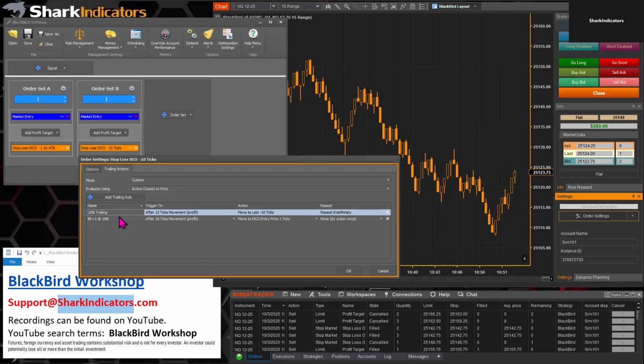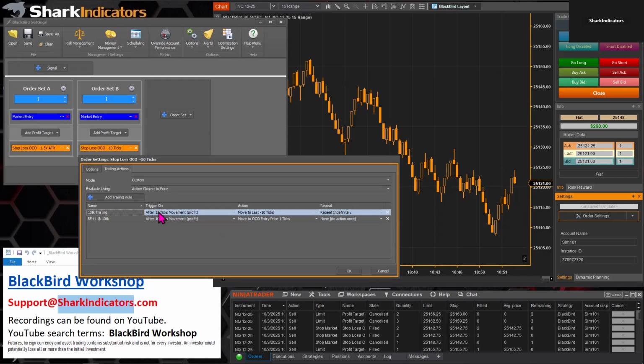But then the trailing has a little adjustment here. The trailing says, after 12 ticks, because remember, this is a break even plus 1. So the math was already done. You could have made these both exactly the same, start trailing after 10 ticks of movement.